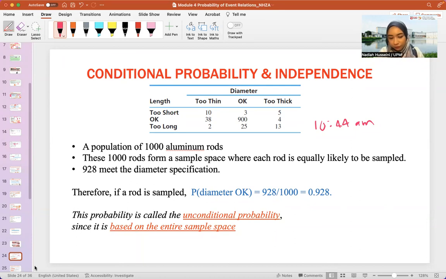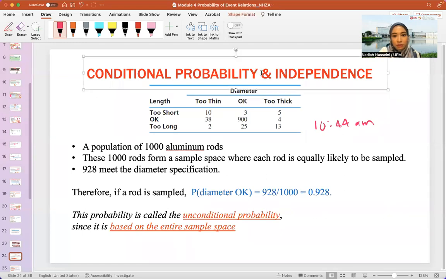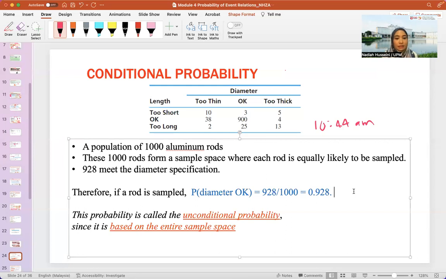Okay, so last topic for today, for this class, is conditional probability and independence. Just conditional probability. I don't think we can manage independence today. So again, using this example that we talked about earlier on, we are sampling a rod.